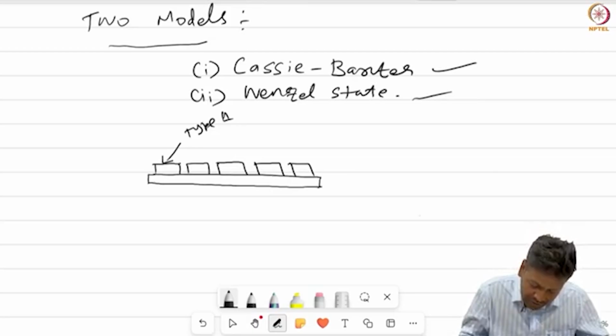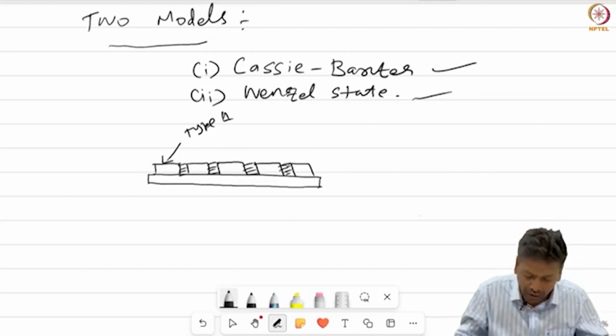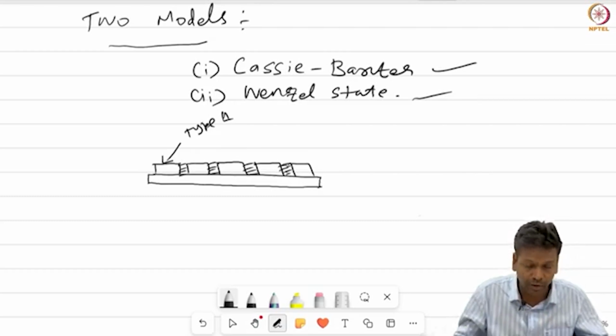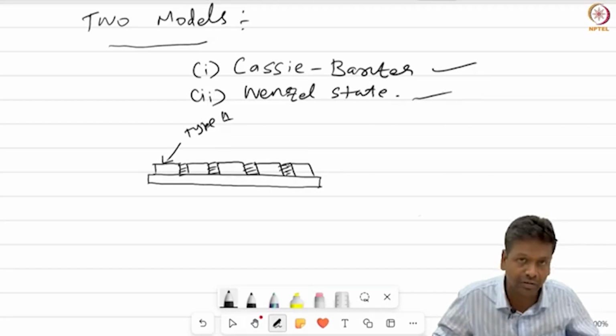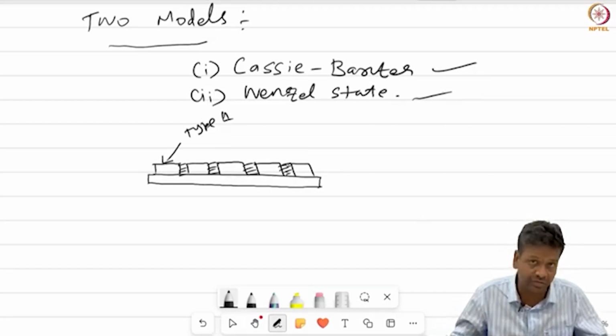In that case, you have a segment where the surface corresponds to type 1, and a zone which is filled with air pockets. This zone is filled with air pockets because of the factor we just mentioned, which is the surface having high porosity.